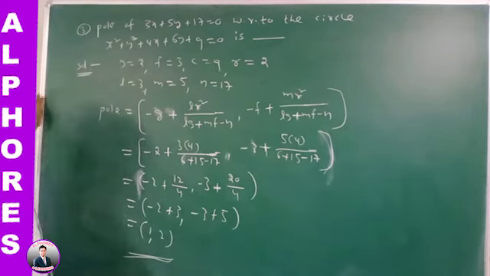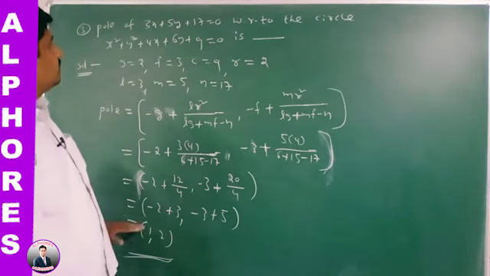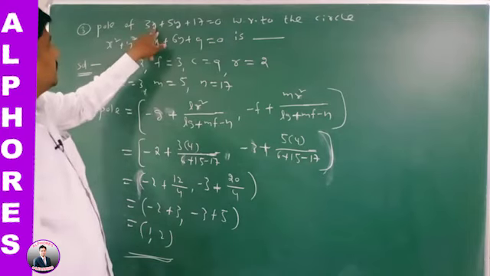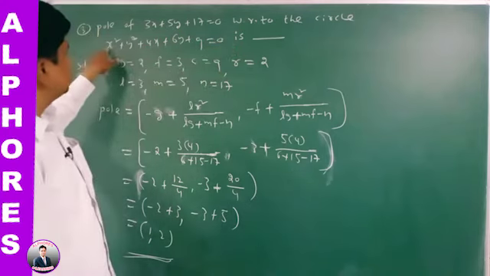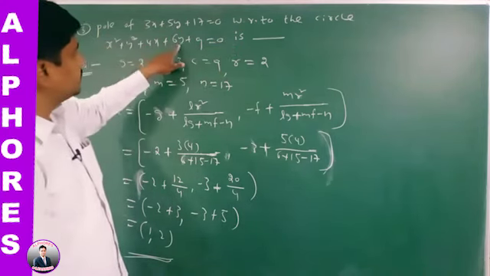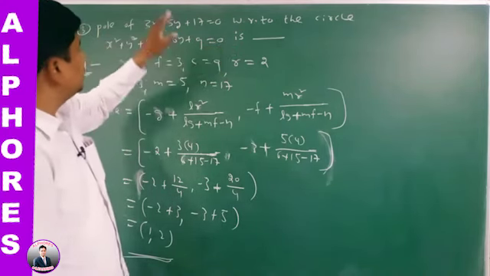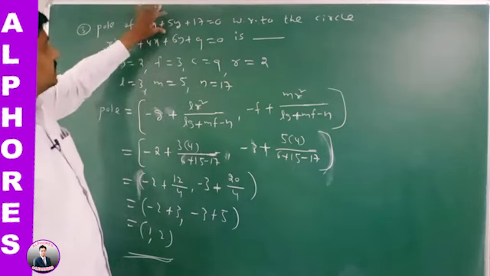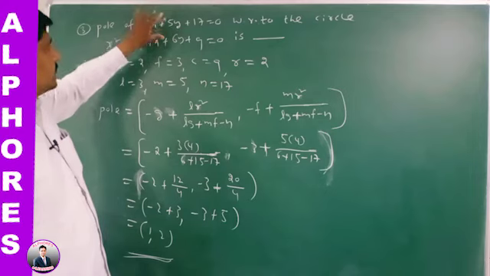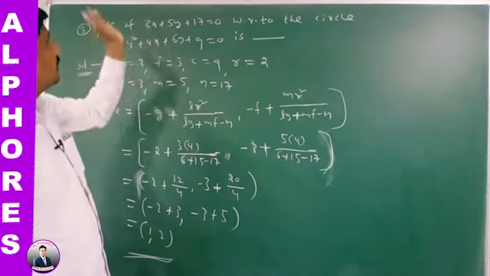Therefore (1, 2) is the pole of the line 3x + 5y + 17 = 0 with respect to the circle x² + y² + 4x + 6y + 9 = 0. Here this is the polar, this is the circle. The polar and circle equation are given, and the pole equals what?